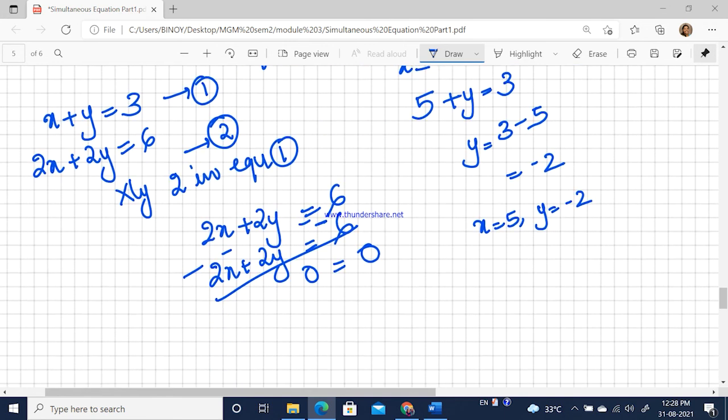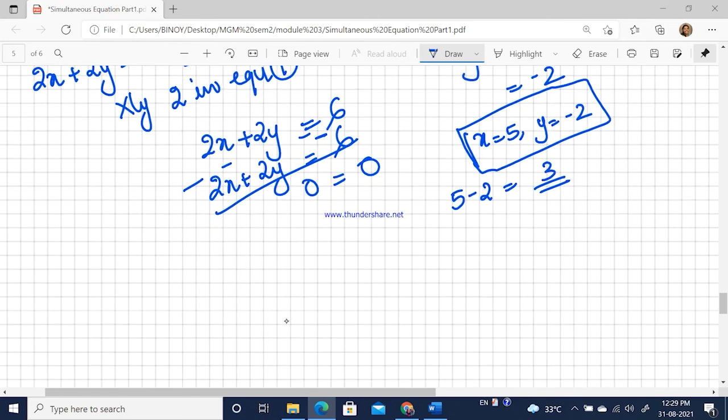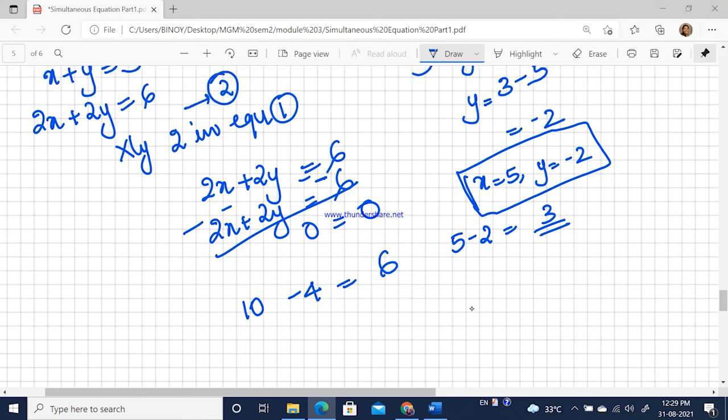Substituting in equation 1, we will get 5 minus 2 as 3. Now, if I substitute x is equal to 5 and y is equal to minus 2 in equation 2, it will be 10 minus 4 is equal to 6. So, LHS is equal to RHS.